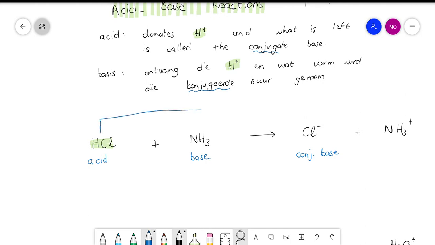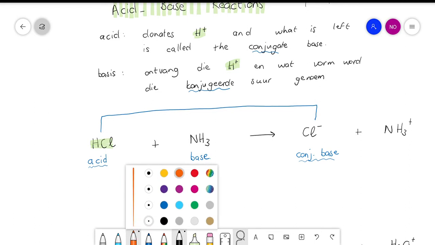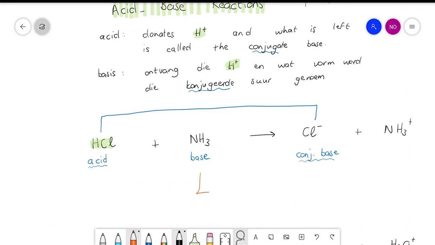In other words, those two go together. Met ander woorde, 'n suur vorm 'n gekonjugeerde basis. And then you can almost intuitively say then that means that this has to be the other pair. Maar kom ons doen dit net ordentlik.